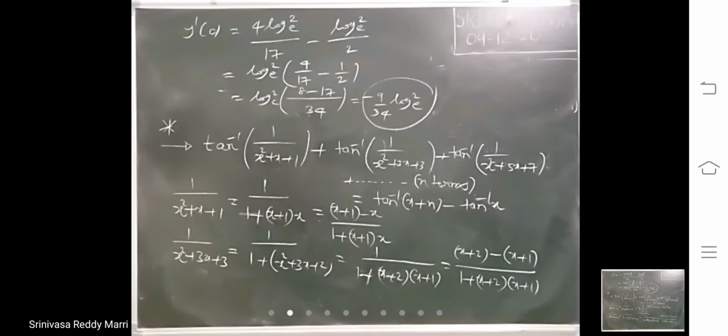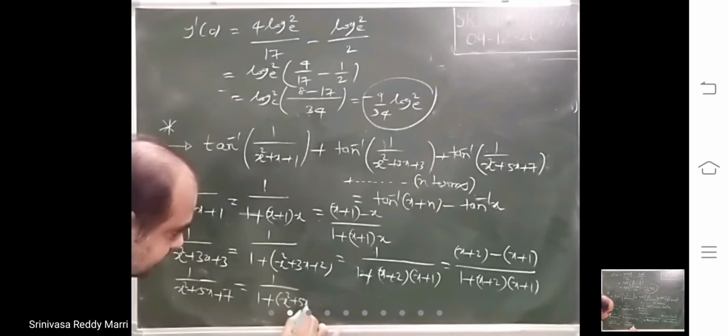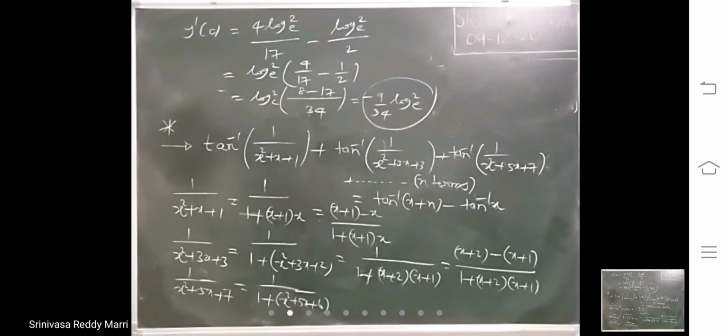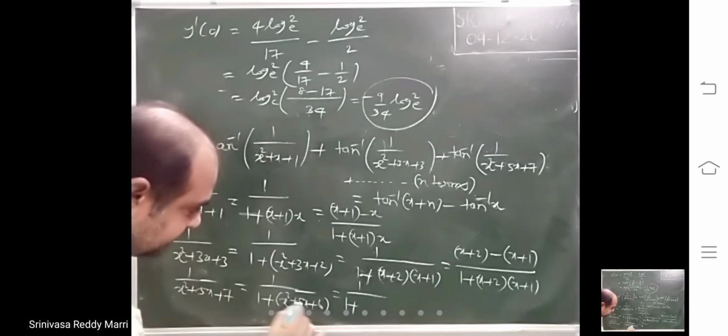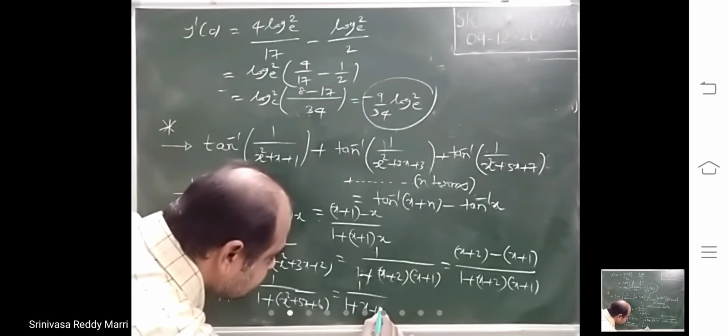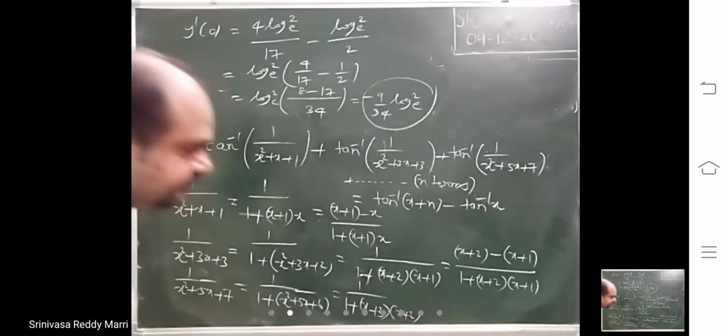Right? Similarly, next one, this also we will take a look at. x squared plus 5x plus 7. So 1 by 1 plus x squared plus 5x plus 6. 1 divided by, if you factorize, (x plus 3) into (x plus 2).